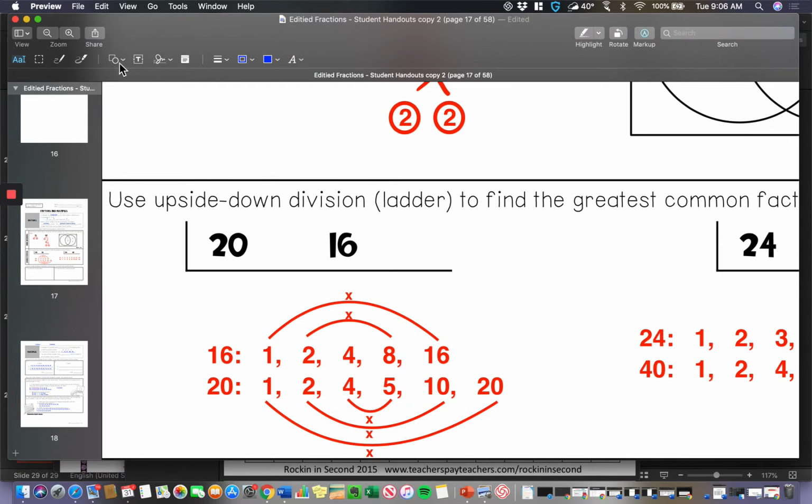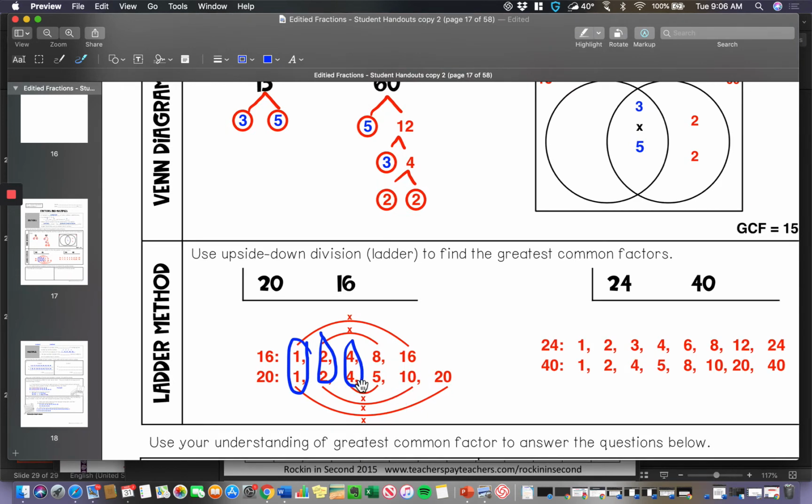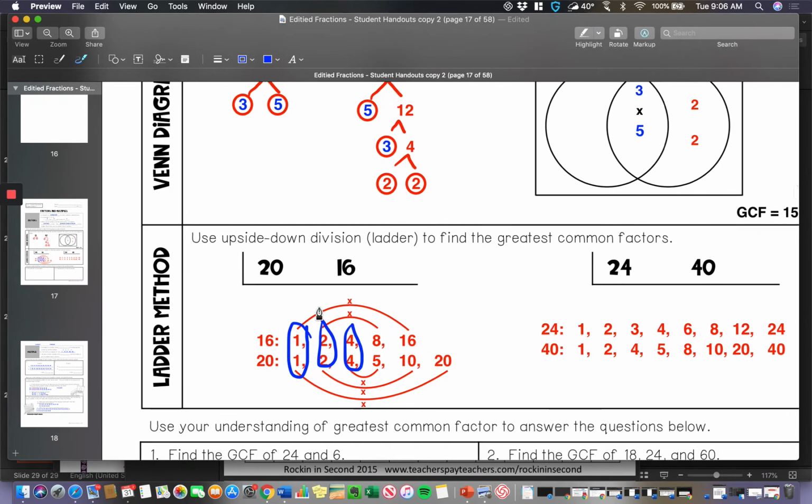I like to circle the numbers so that I know which ones are shared. Then I can find out which one's the largest. After circling my numbers, I can see that 4 is the greatest common factor between 16 and 20.